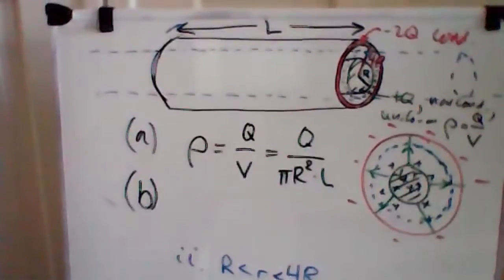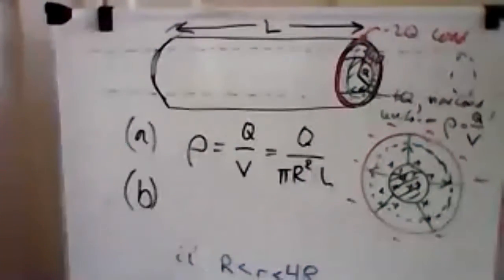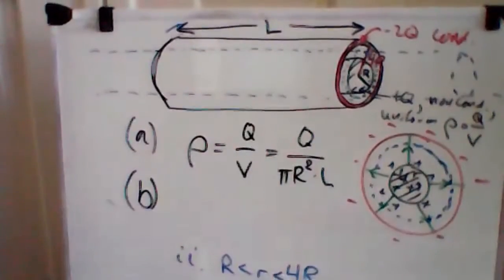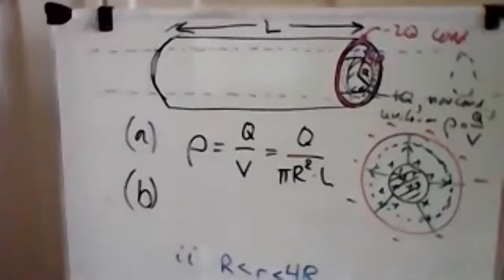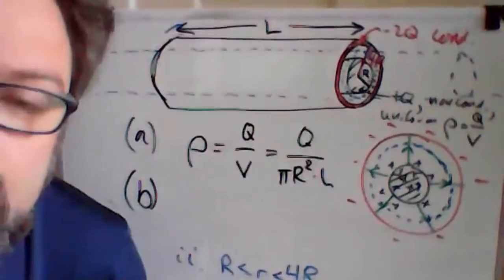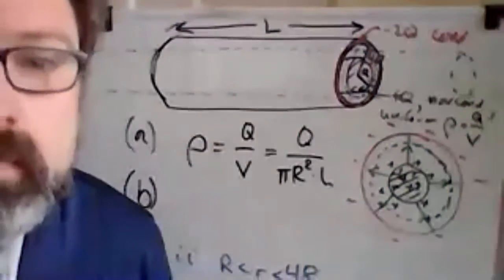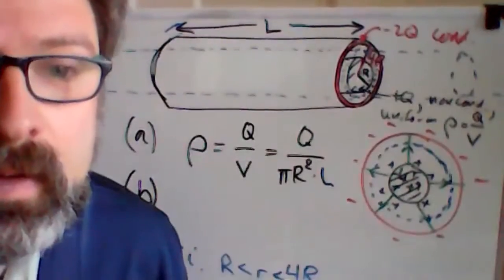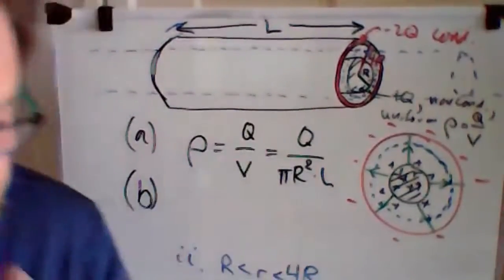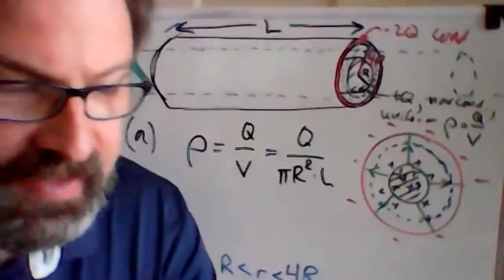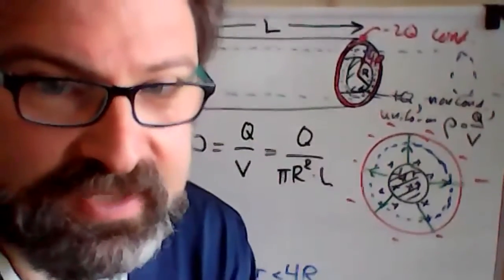I have one question. The comparison to a capacitor makes sense to me, but I thought inside of a hollow conductor, wouldn't the negative 2Q shell not matter because inside of a hollow conductor, electric field is 0? So, a little bit of knowledge is a dangerous thing, and you tricked yourself up there.